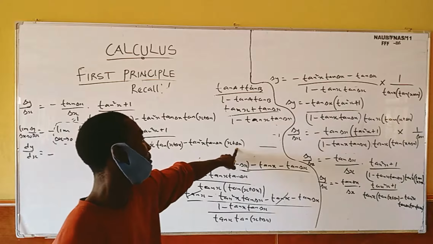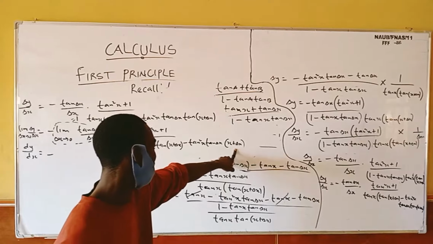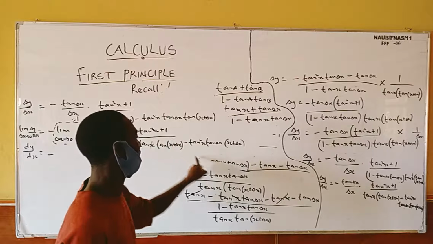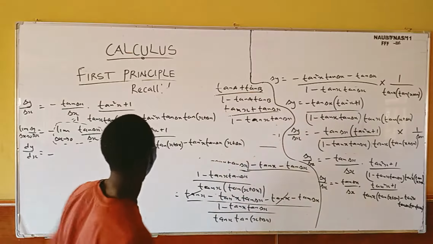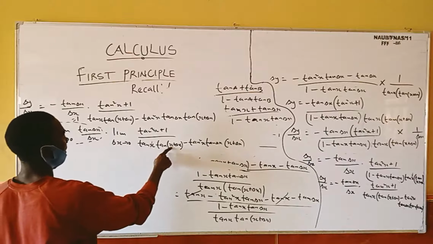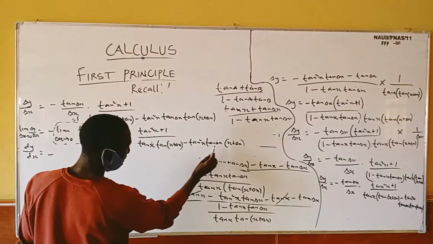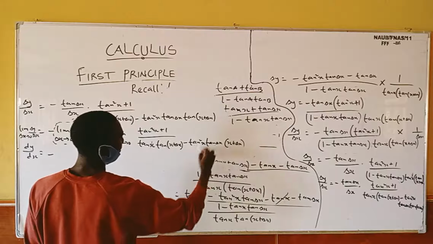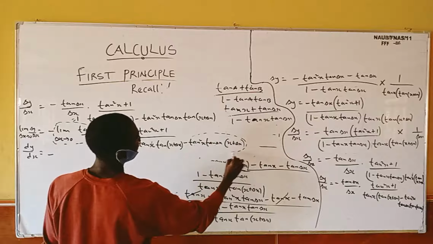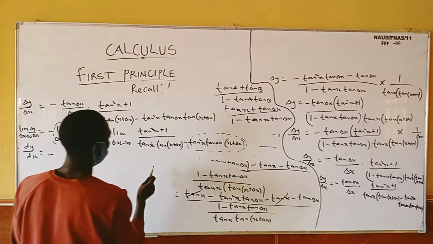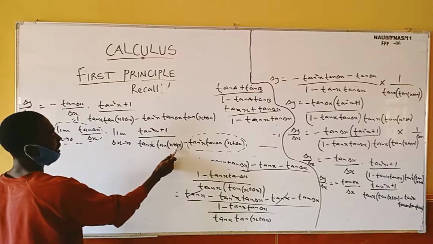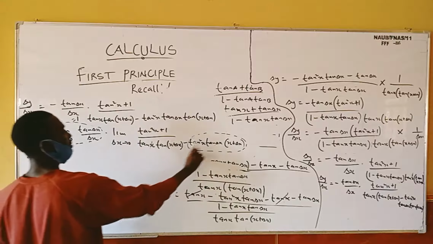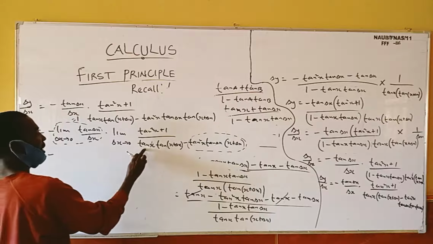Tan 0 is nothing but 0, so everything with it will be 0. Putting 0 in s plus change in s, I have s plus 0, which is s. And this multiplied by 0, you get this back. I'll be left with tan s.